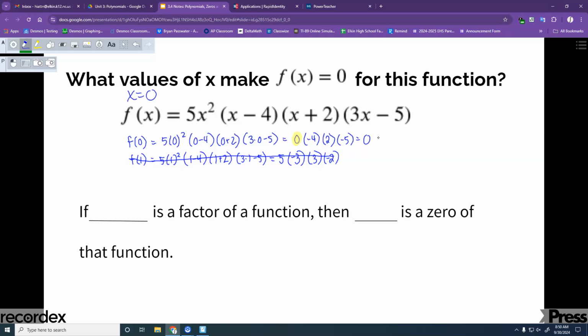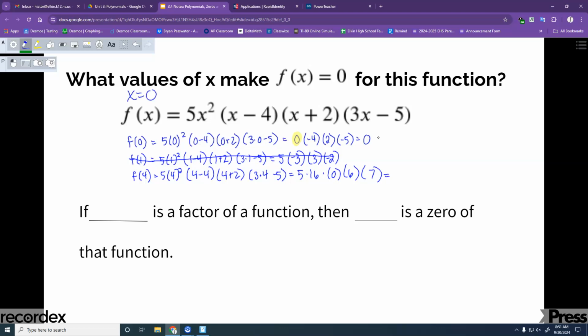What do you think, Kaylee? 4. All right, if I do 4, 5 times 4 squared times 4 minus 4 times 4 plus 2 times 3 times 4 minus 5. Okay, that's going to give me like 5 times 16 times 0 times 6 times, let's see, 12 minus 5 is going to give me 7.